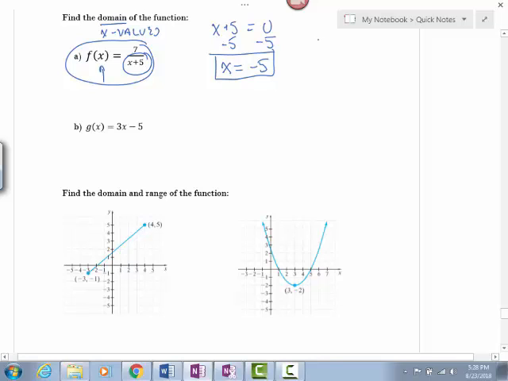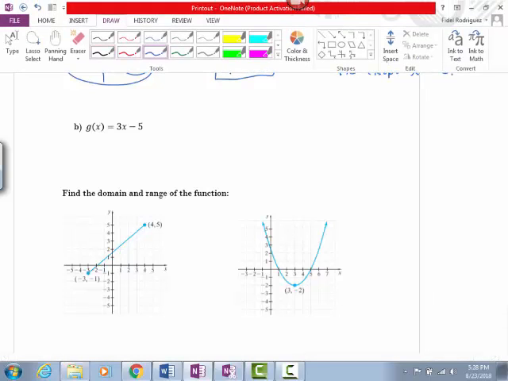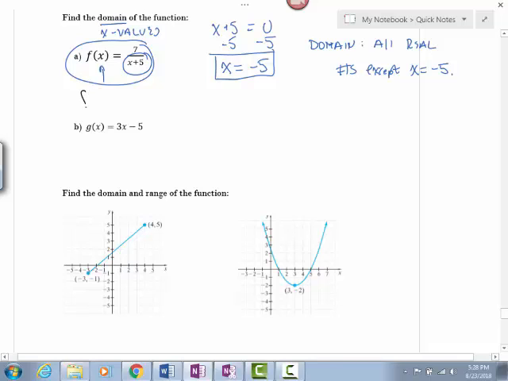So then what we're going to say for our domain is it's going to be all real numbers except for x is equal to negative 5, okay? And I'm going to do this anytime I have a problem that has a fraction, okay? So if I had, say, just another problem, f of x equals, I don't know, negative 2 over 3x minus 8, then I would do the same thing.